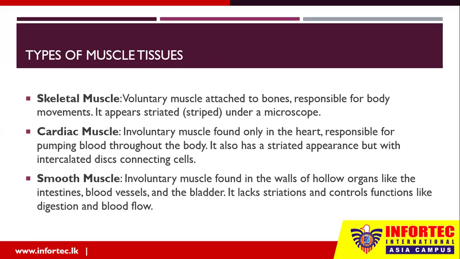As for the function of smooth muscles, as I mentioned, we can see them in the walls of internal organs, like hollow organs such as our intestines, blood vessels, and bladder. These smooth muscles move our food and urine, and sometimes regulate the diameter of these hollow organs.